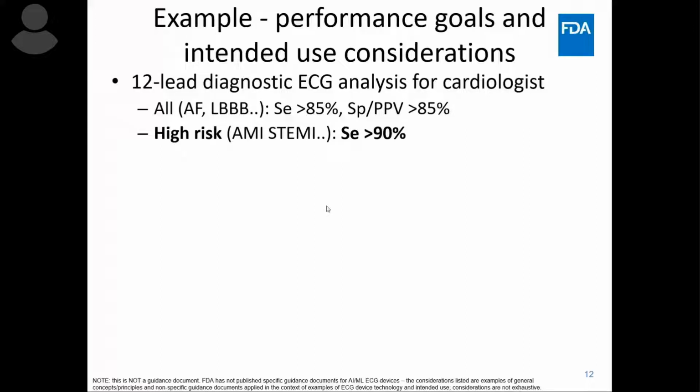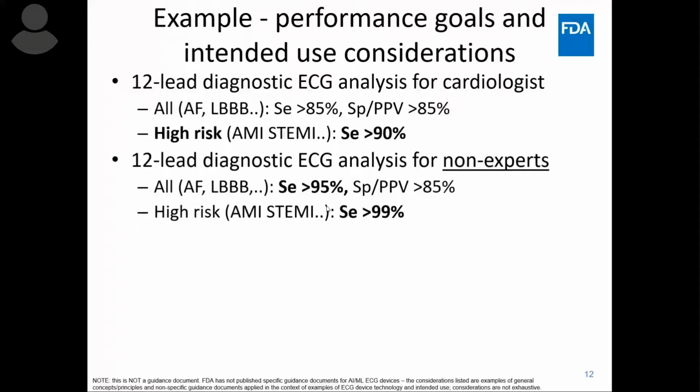If you have the same device, but now you want to give it to a nurse to do pre-screening in a remote area, then you may want to have better performance. So you may want to have sensitivity of 95% while keeping specificity of 85%. You may want to increase even further the sensitivity requirement for high-risk conditions like AMI, because you don't want to miss any of these patients, because they may die if not treated properly.